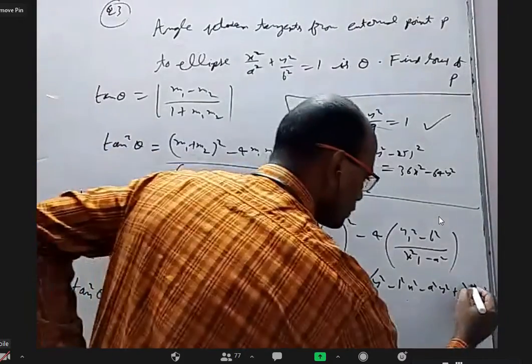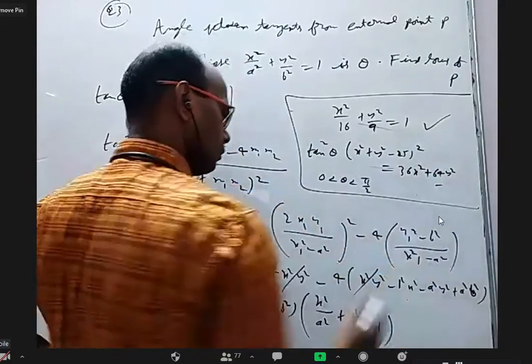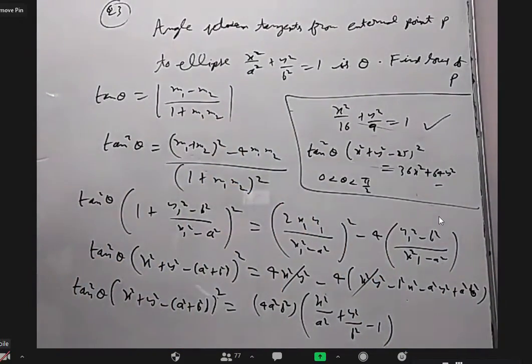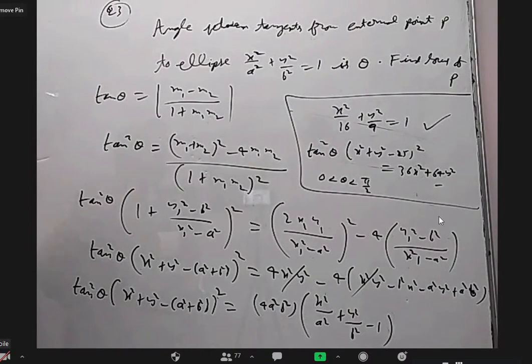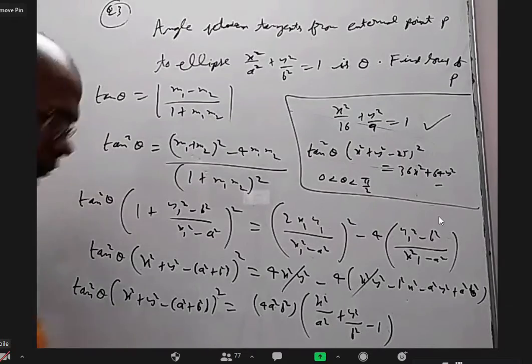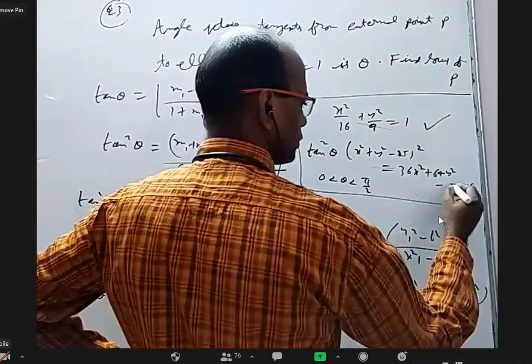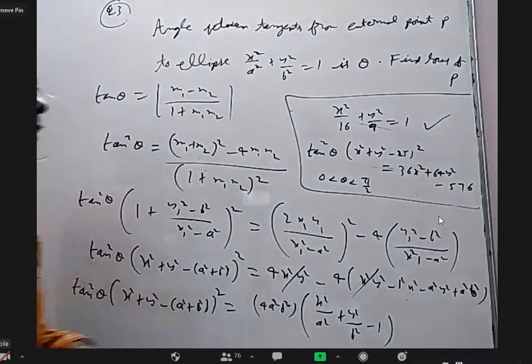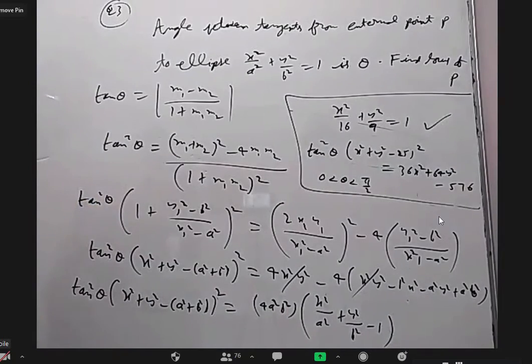This is a square b square. Okay, this is plus. Minus 4 into 16 into 9. How much is that? 144 into 4, 576. Okay, so these two you can try to put in your Desmos.